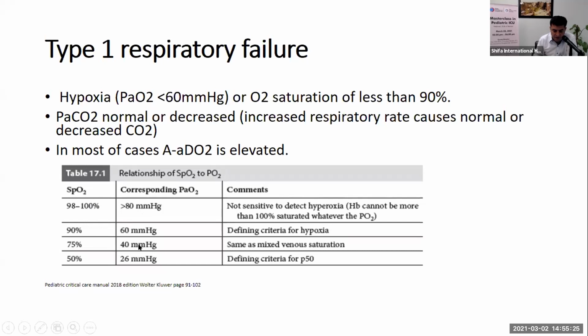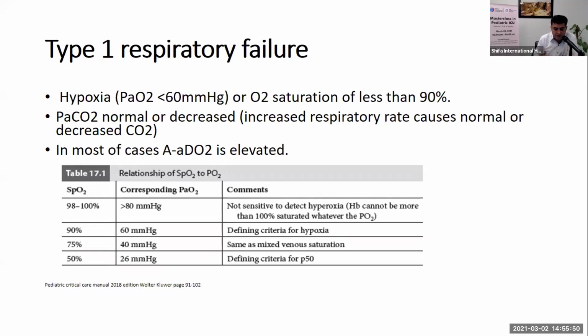For 75%, it is 40. And for 50% saturation, it comes down to a corresponding PaO2 of 26 millimeters of mercury. We can apply it for those conditions where there is no blood gas facility, because we know that in most peripheral hospitals, we don't have a blood gas facility. So even the saturation can tell you what the corresponding PaO2 will be.